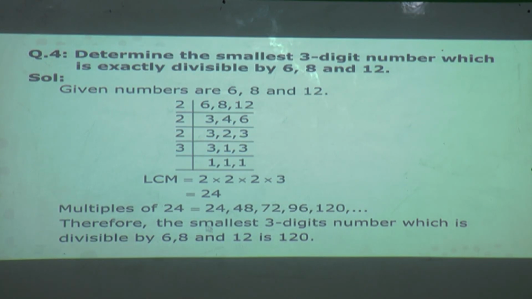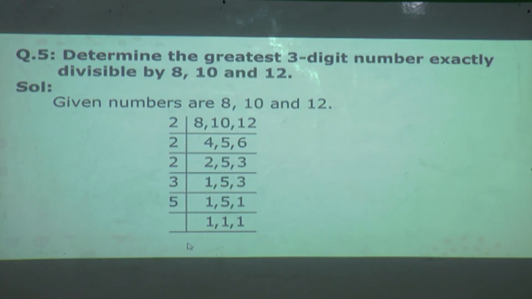Therefore, the smallest 3-digit number which is divisible by 6, 8 and 12 is 120. As all the earlier ones were 2-digit numbers, we have to go on finding the 3-digit number. The smallest 3-digit number is 120, which is divisible by 6, 8 and 12.